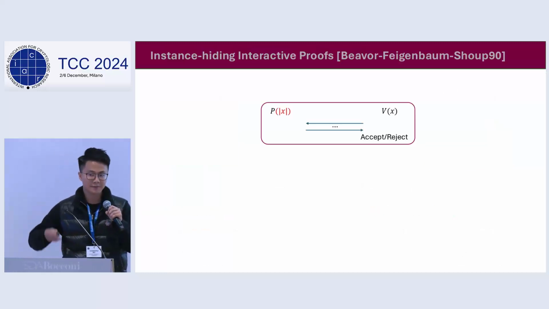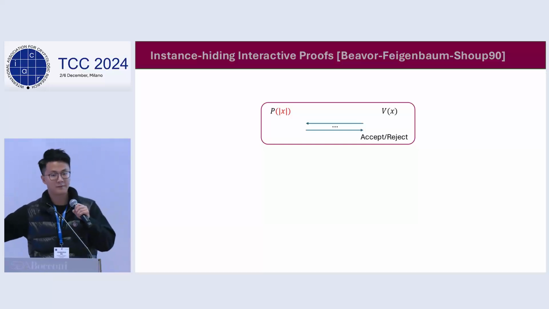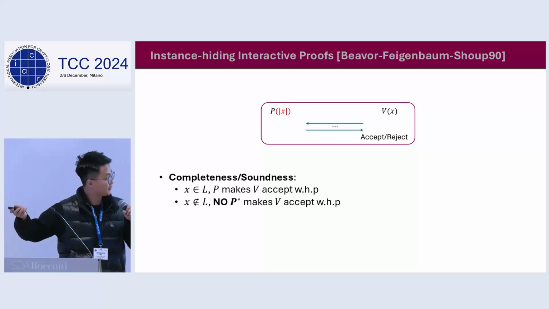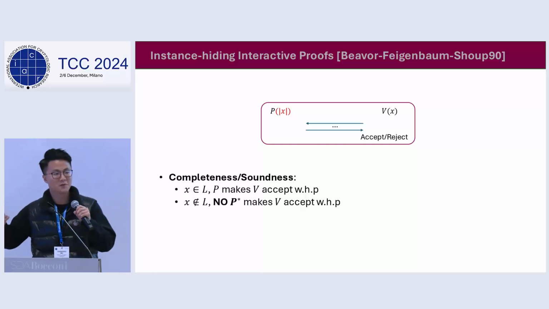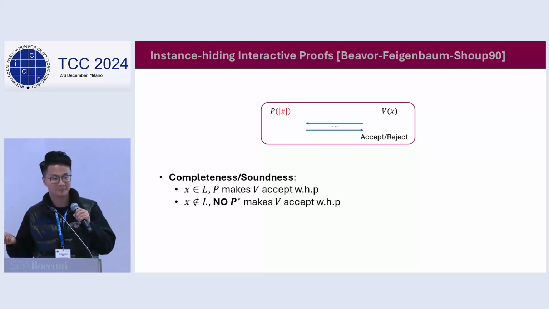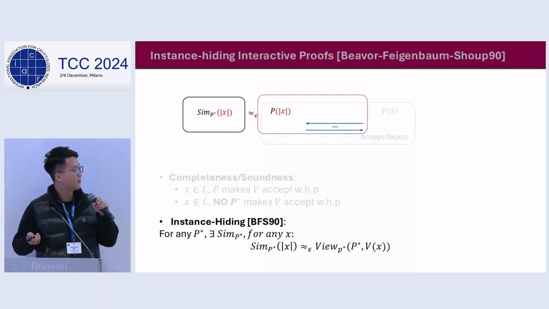This means if the instance is in the language, then the honest prover makes the verifier accept with high chance. But if the instance is not in the language, then no prover is supposed to make the verifier accept with high probability. In addition, we ask for this instance-hiding property.